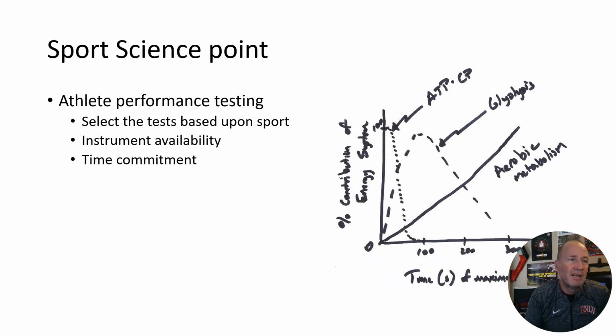This is just a graph of how active each energy system is, and on the x-axis is how long the activity lasts. For the shorter duration, less than 100-second test, the ATP-CP, the creatine phosphate pathway, is very active. Glycolysis is active up to about 300 seconds, and these are ballpark numbers. It's not going to be the same for everybody or at different points in time of a training program.